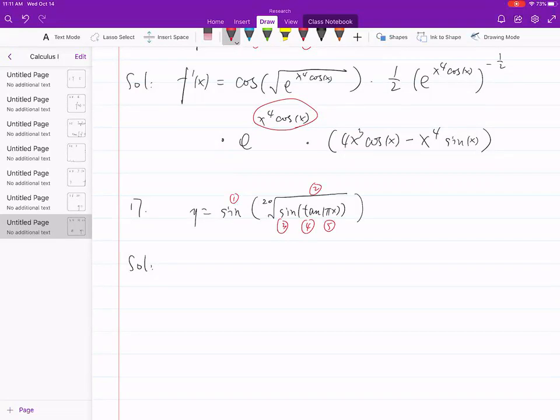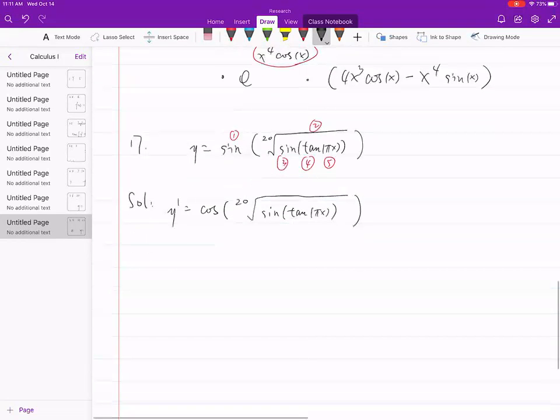Okay. Once you know that, one thing at a time. Cosine. Okay. Times. Now, 20th root is nothing but something to the 1 over 20th power.